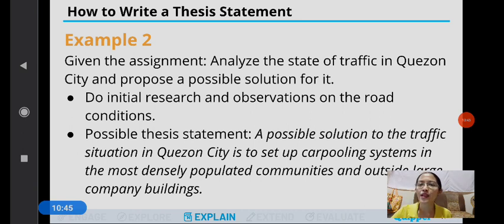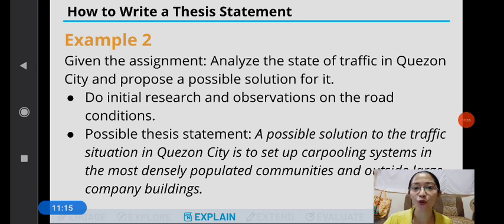Now, you have to make observations on the road conditions in Quezon City. Okay? Now, the possible statement for this one is: a possible solution to the traffic situation in Quezon City is to set up carpooling systems in most densely populated communities outside large company buildings.